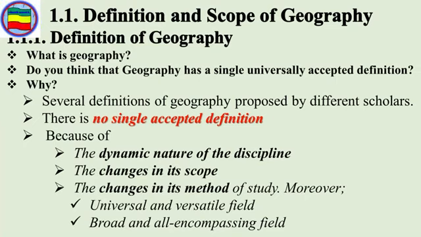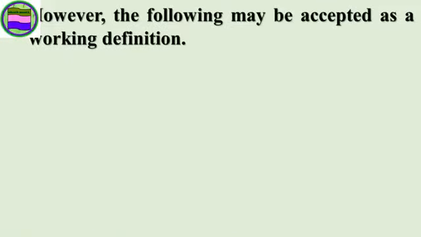Based on this, there is no single universally accepted definition given by different scholars for geography. However, the following may be accepted as a working definition. Even though geography is defined in different ways, there is a commonly agreed definition.